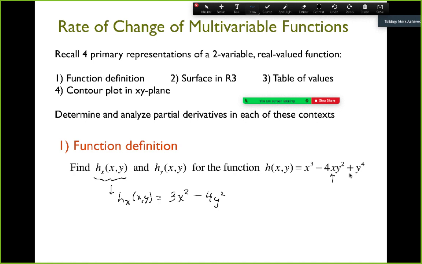And then the rate of change with respect to x is 0. Partial with respect to y: 0. The rate of change of that with respect to y is 0. Minus 8x. 8xy. 4y cubed.